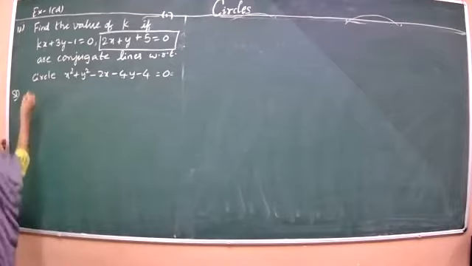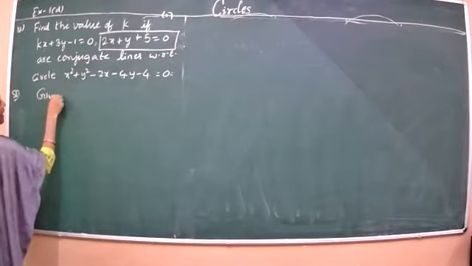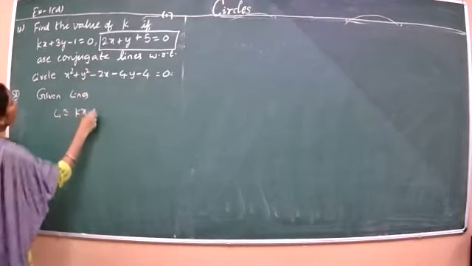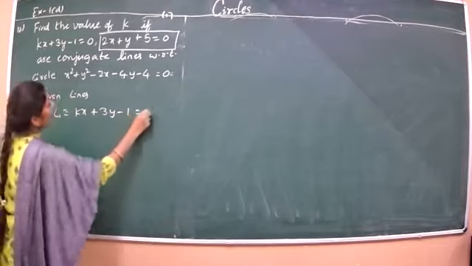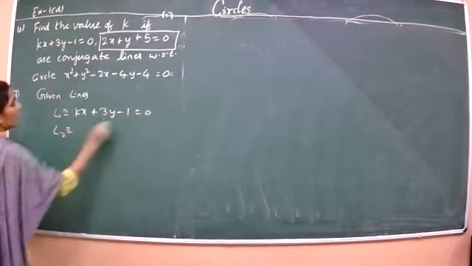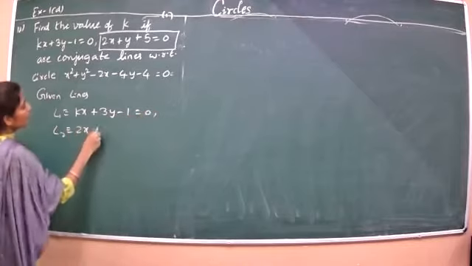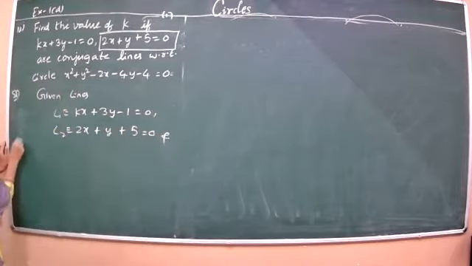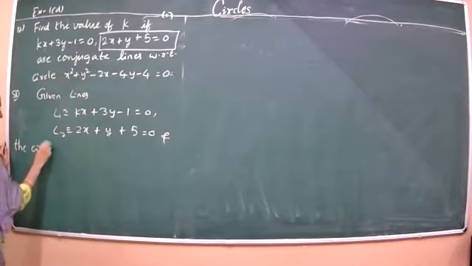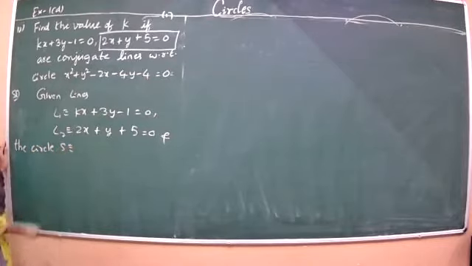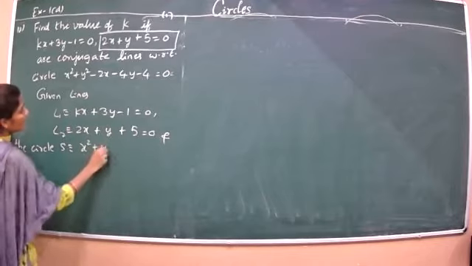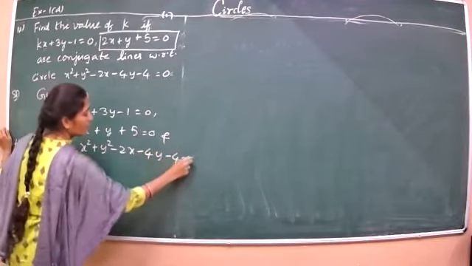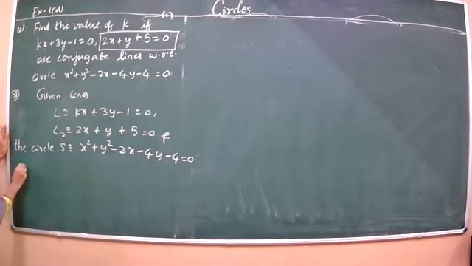Second method. Given lines L1 equal to kx plus 3y minus 1 equal to 0, L2 equal to 2x plus y plus 5 equal to 0, and the circle S equal to x square plus y square minus 2x minus 4y minus 4 equal to 0.